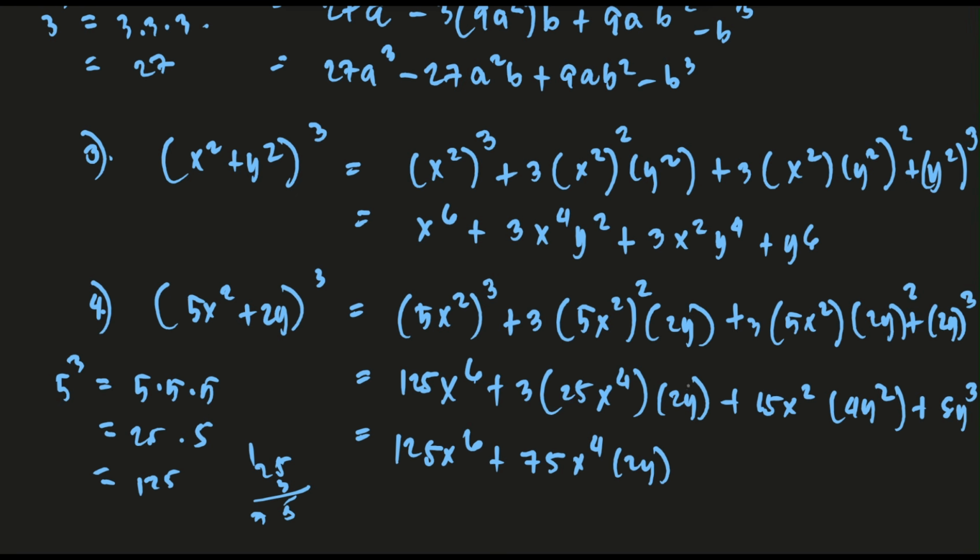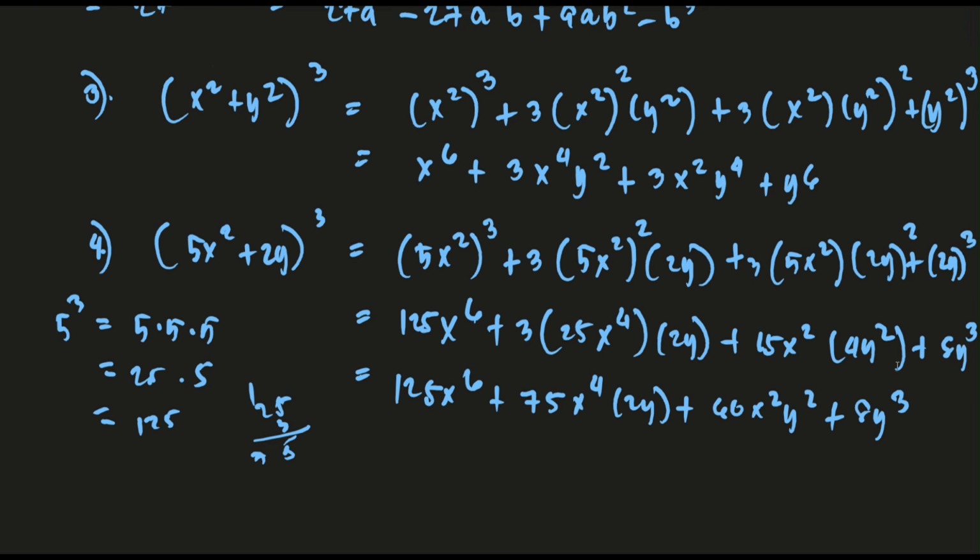And you have to multiply it back to 2y plus 15 times 4, that would give you 60. 60x squared y squared, and then plus 8y cubed. We're not yet done.